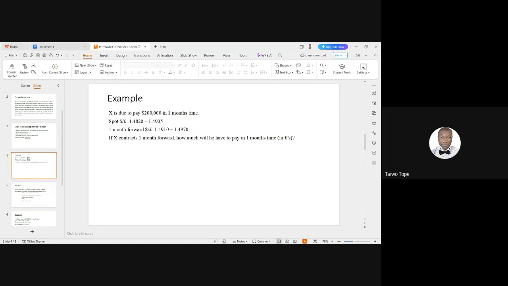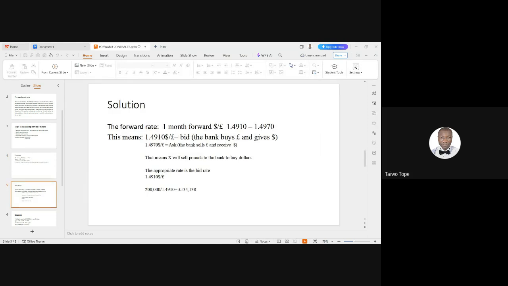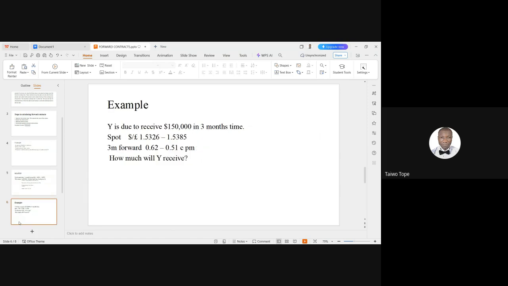X is due to pay $200,000 in 1 month, so the equivalent, based on the 1 month forward contract when you hedge, in terms of pounds, will be 134,138 pounds.